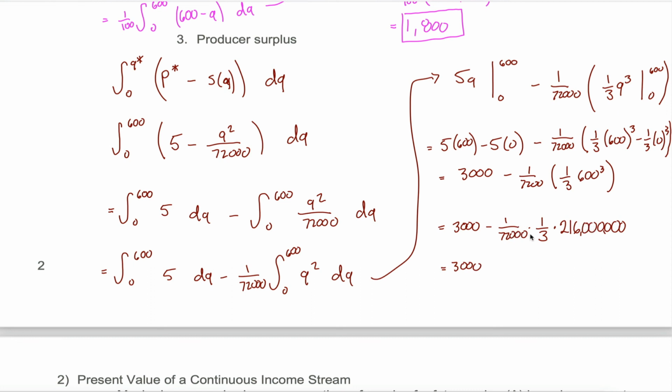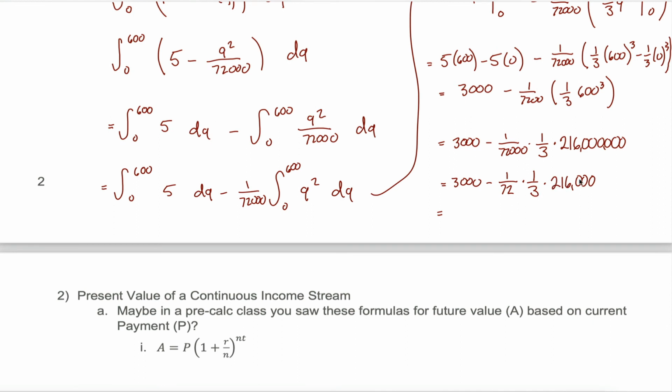Fortunately, we'll be able to do some nice cancelization. The 3 zeros down in the denominator here will cancel with 3 zeros up here. So I have 1 over 72 times 1 over 3 times 216,000. You could try canceling out 216,000 in this 3 or something, and 216,000 in this 72. Either way will work, but it's a little bit easier if you recognize that 72 times 3 is 216, because 70 times 3 is 210, and 2 times 3 is 6.